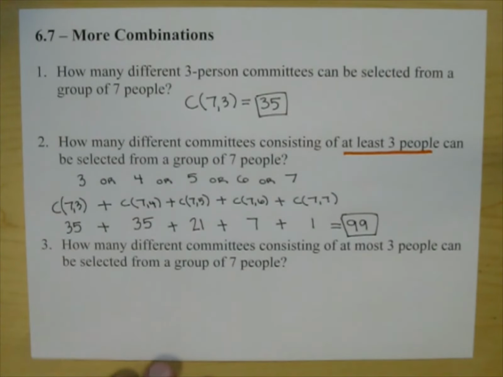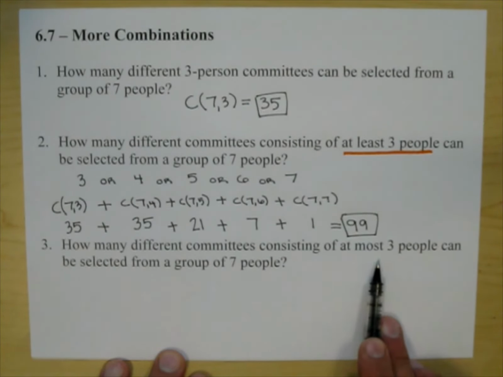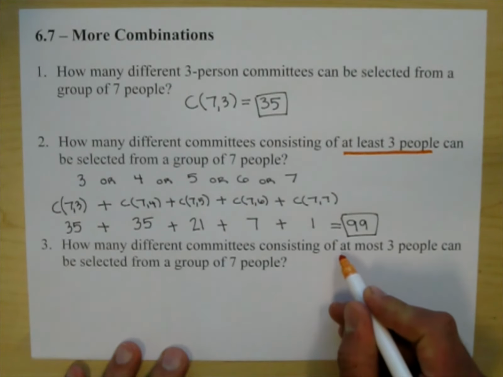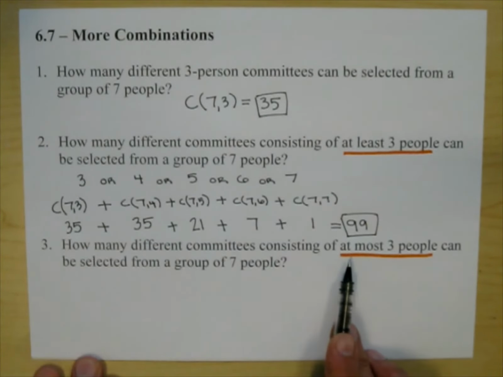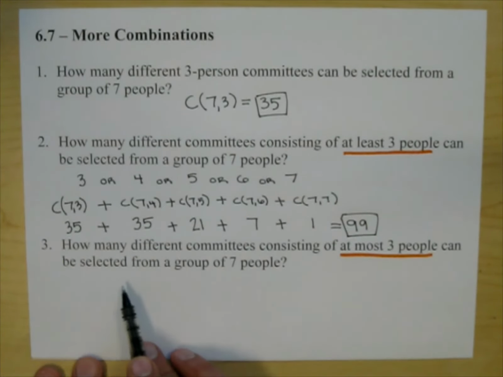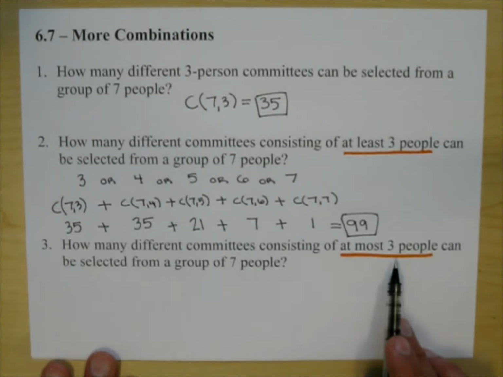And that's how I do these problems that say at least. And this one's going to say at most. So we'll underline that. How many different committees consisting of at most 3 people can be selected from a group of 7 people? Well, if I have at most $20, I have $20 or less.